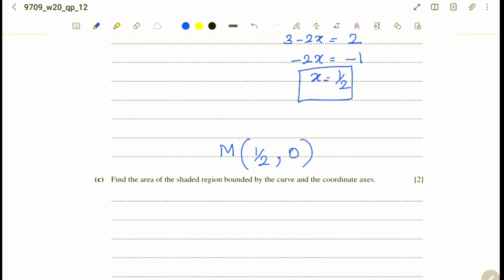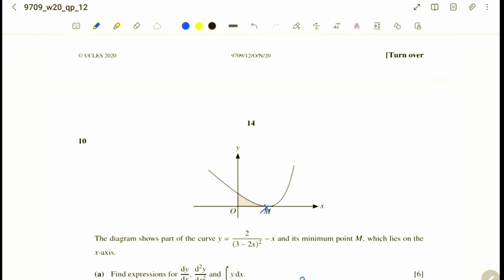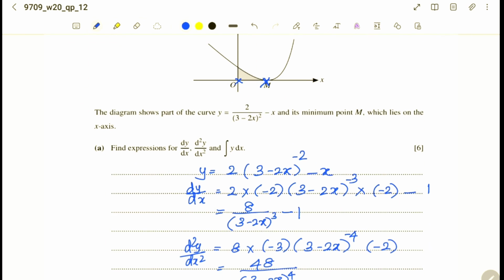Find the area of the shaded region bounded by the curve and the coordinate axis. So to find the area of the shaded region bounded by the curve and the coordinate axis, we need to integrate this, and for that we need to first find out what is the limit. The limit is from here to here, so from 0 to 1 over 2.